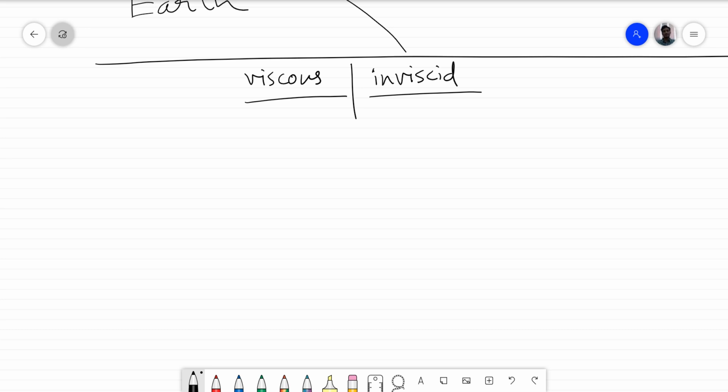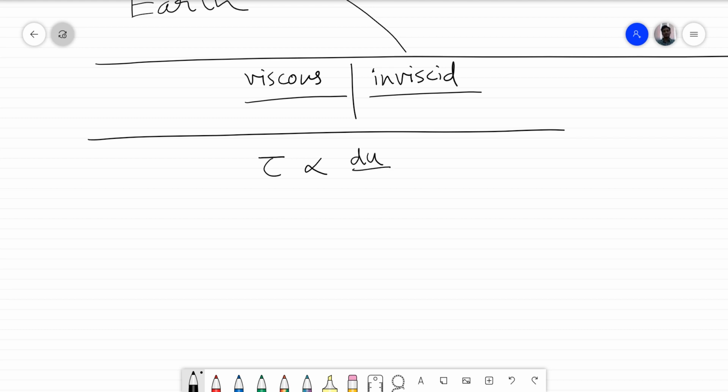Now we also discussed Newton's law of viscosity in the last class, in the last course, where we said that the shear stress is proportional to du by dy. This direction is y and the horizontal direction is x, and velocity is a function of y.